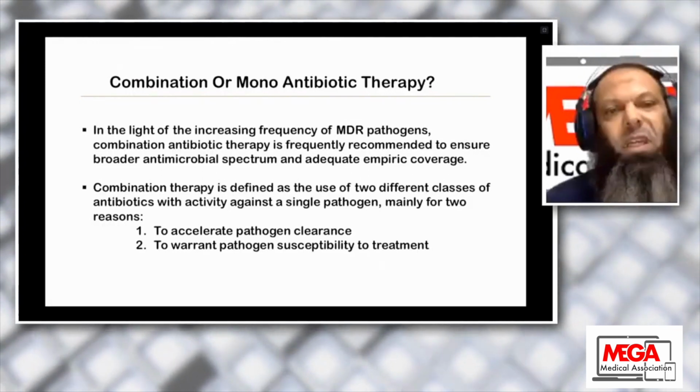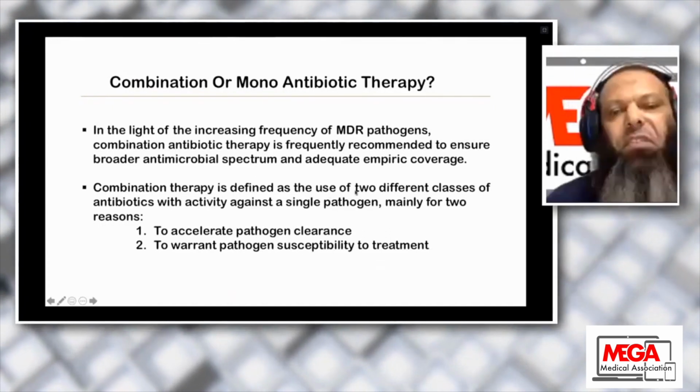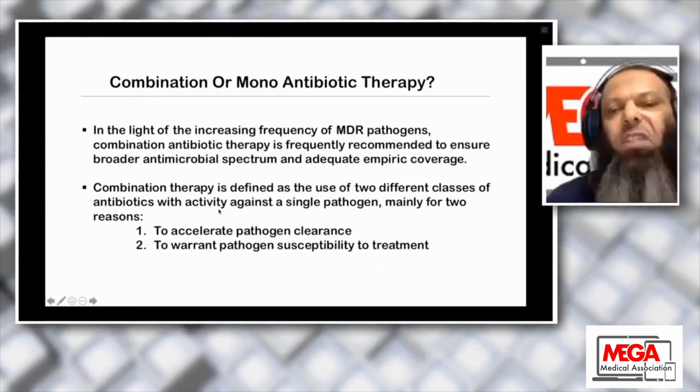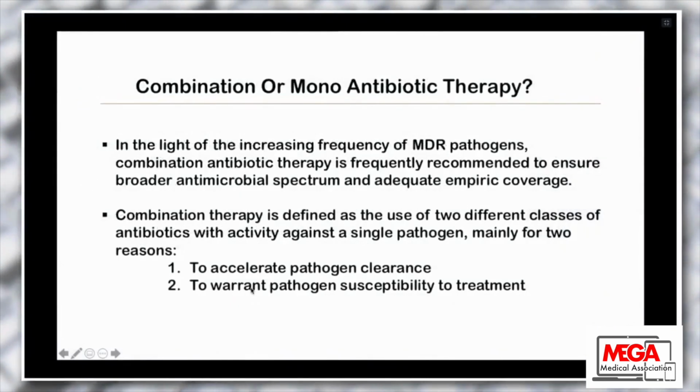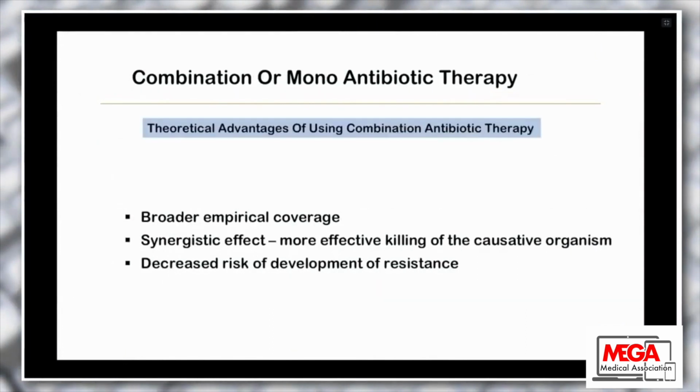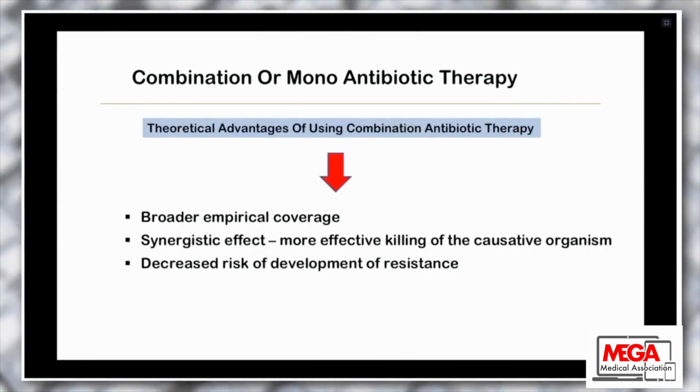But I will highlight it because combination therapy is defined as the use of two different classes of antibiotics with activity against a single pathogen, mainly for two reasons: to accelerate pathogen clearance and to warrant pathogen susceptibility to treatment. What is the theoretical advantage of combination therapy? Broader empirical coverage, synergistic effect, decreased risk of resistance.